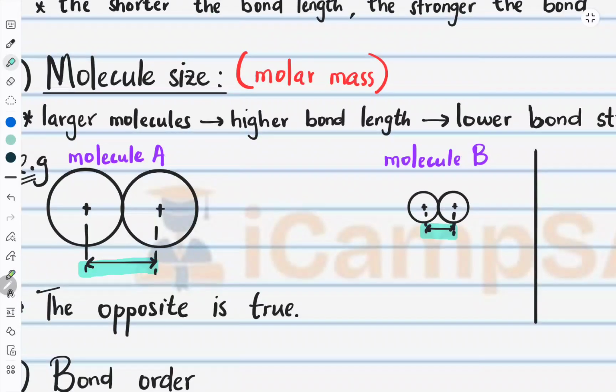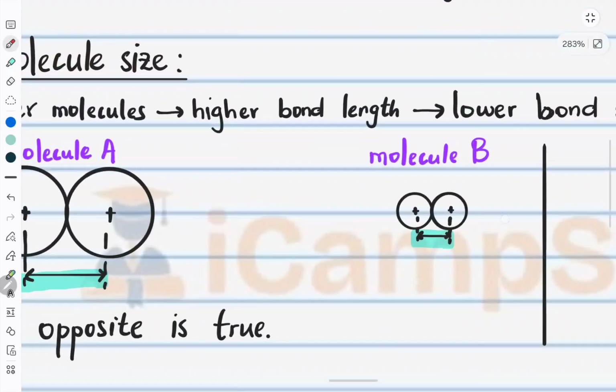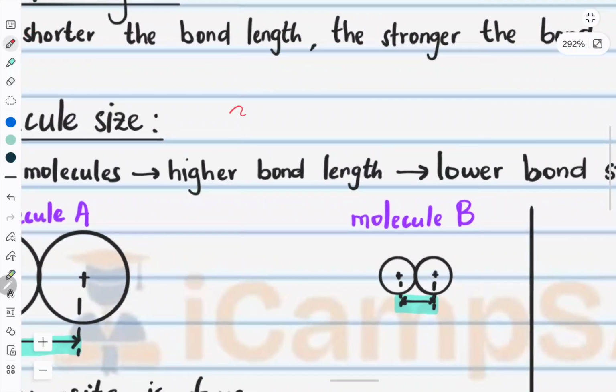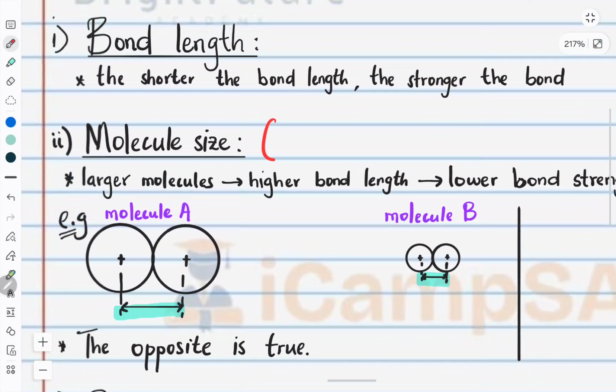And as they move close to one another, they will have a smaller bond length compared to molecule A, and as a result molecule B will have a higher bond strength than molecule A.